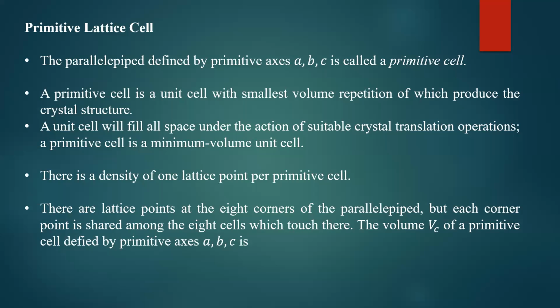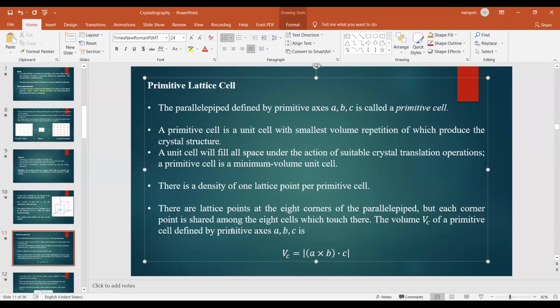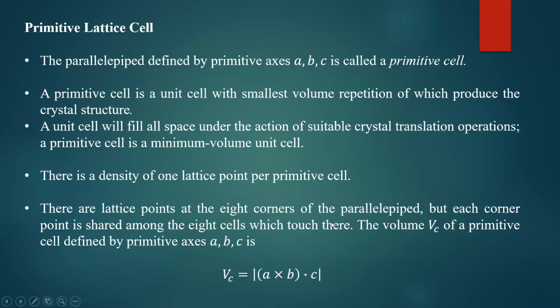The volume Vc of the primitive cell is defined by the primitive axes A, B, C, where A is the length, B is the breadth, and C is the height of the parallelepiped.